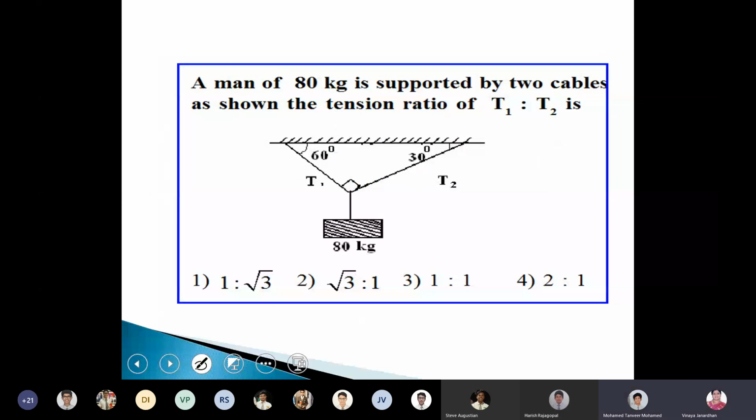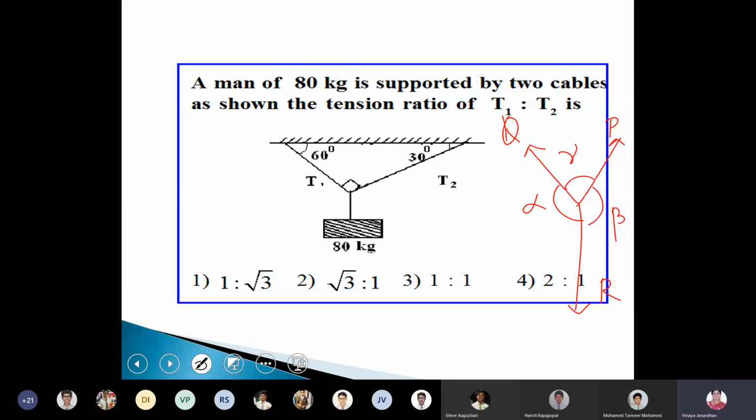Now, will you be able to do this? Apply your Lami's theorem. I'll draw the diagram over here once again. Suppose this was P, this was Q. Was this correct, boys? What I have drawn in the previous one, P, Q, R. The order was correct? Yes, ma'am. Okay. This was alpha, this was beta, this was gamma.